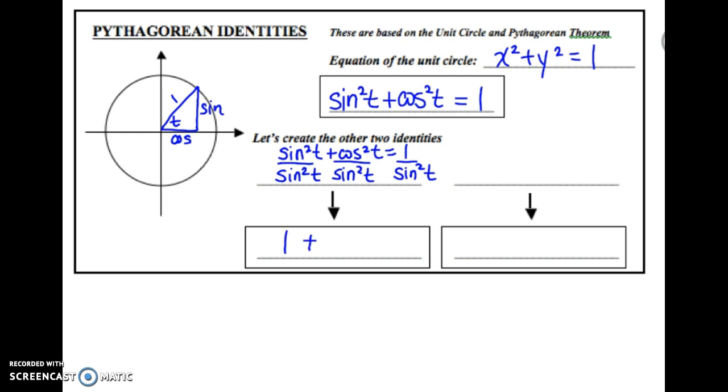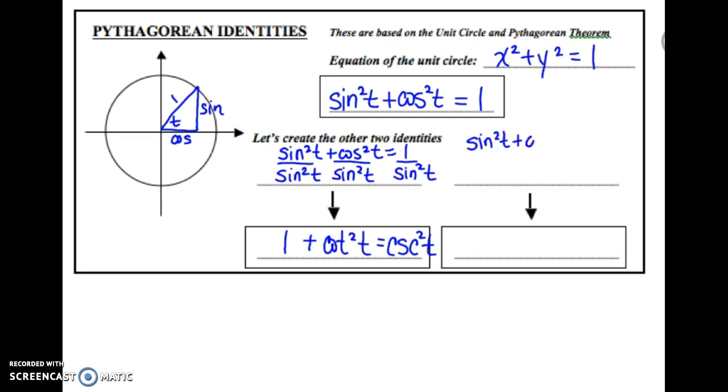Cosine squared t divided by sine squared t gives you cotangent squared t. And 1 over sine squared t gives you cosecant squared t.